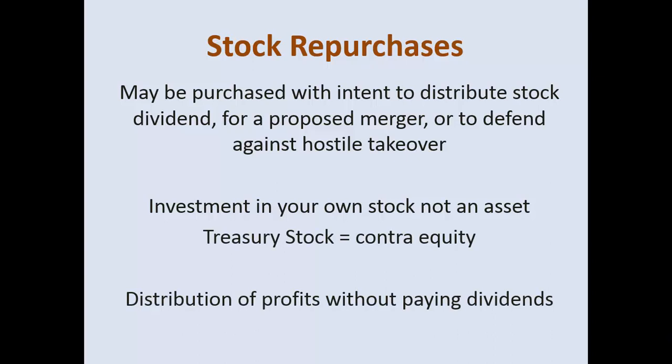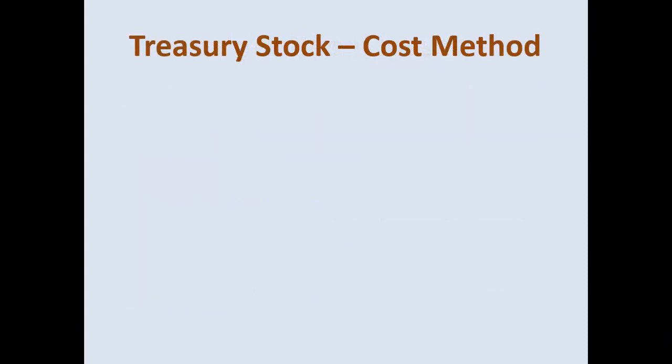Distribution of profits without paying dividends is what a treasury stock purchase is thought to be. You cannot manipulate income or manipulate your dividends by suddenly buying a bunch so that you get paid the dividends that you're about to declare. That's why the rule is no dividends are paid to treasury stock. And that's why treasury stock is no longer considered outstanding.